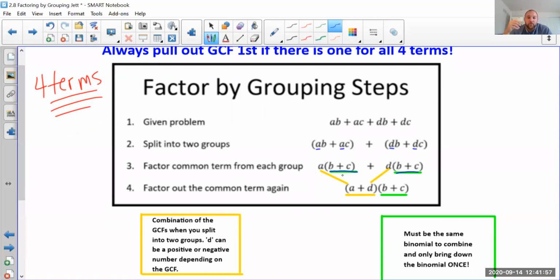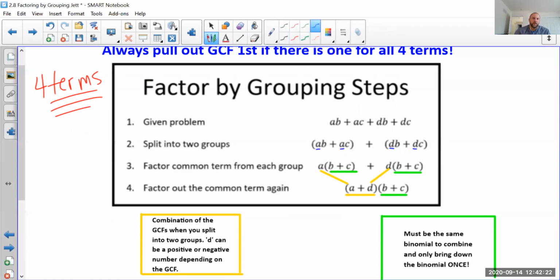I'm picking out very specific problems for you to do this on. It's not always going to work where this green part here is the same. If that's not true, you can't factor by grouping. So if I'm asking you to factor by grouping, I've picked out problems where the green part is going to be the same.